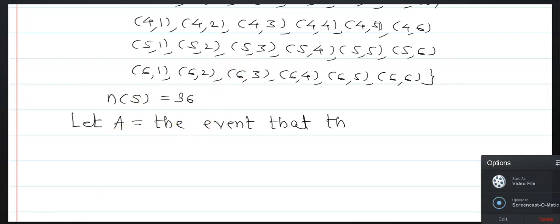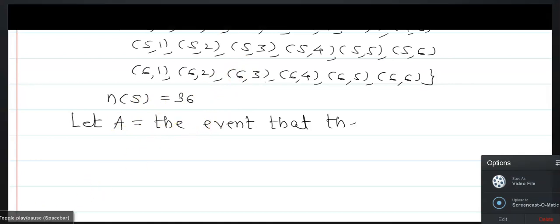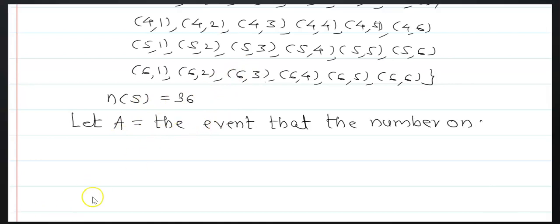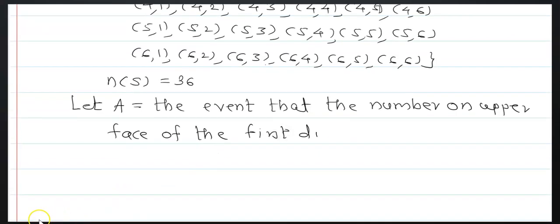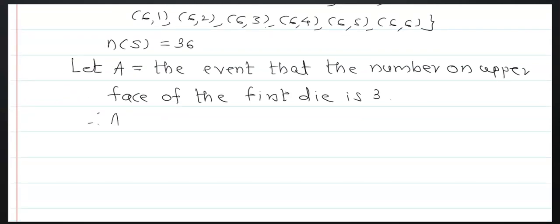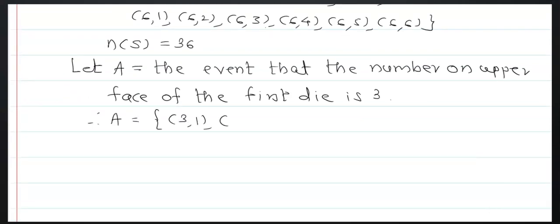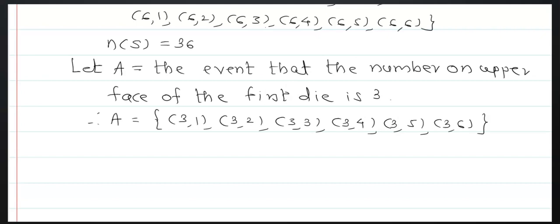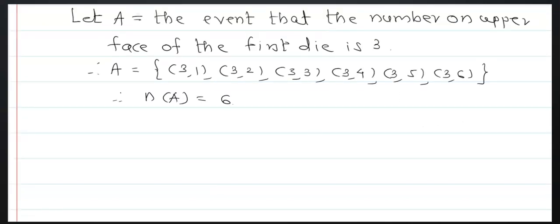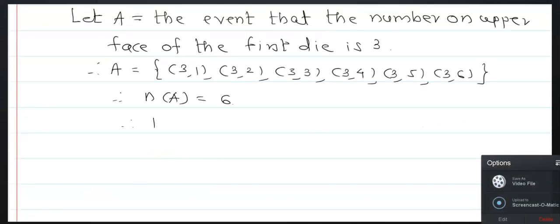Now the first event, A, is that the number on the upper face of the first die is 3. Therefore, A is equal to 3-1, 3-2, 3-3, 3-4, 3-5, 3-6. This is important. Therefore, n of A is equal to 6.